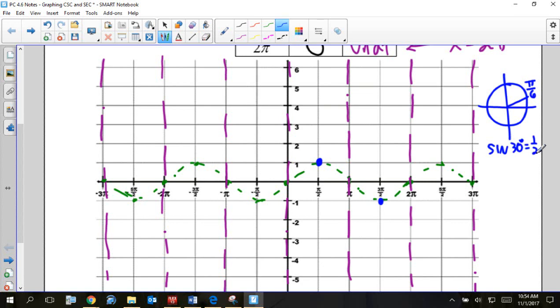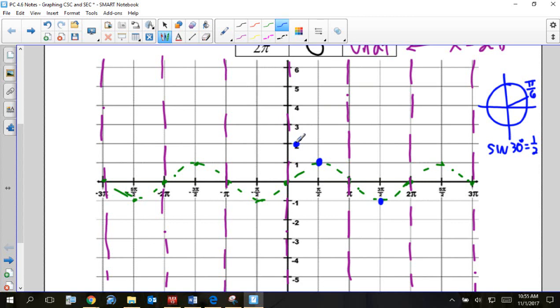So if I found pi over 6, that's going to be really close to pi. The green dashed line is a half. What would be cosecant? It would be the reciprocal of a half, 2. So about where pi over 6 would be, that's going to be 2 for our new cosecant.